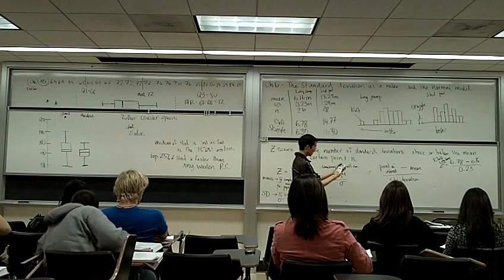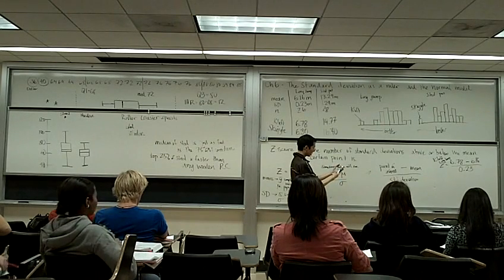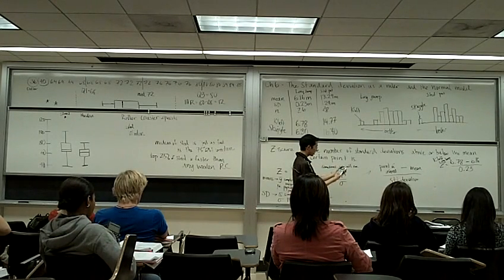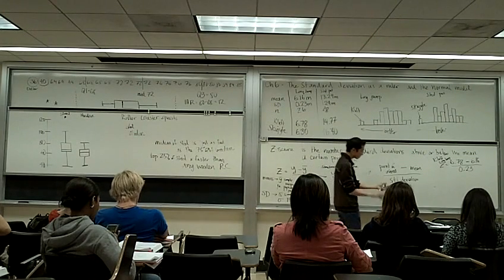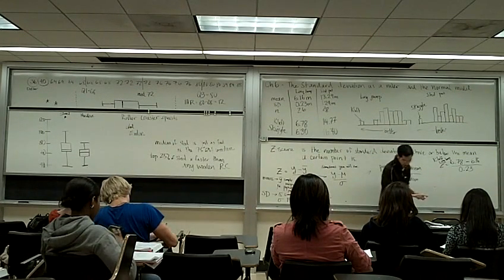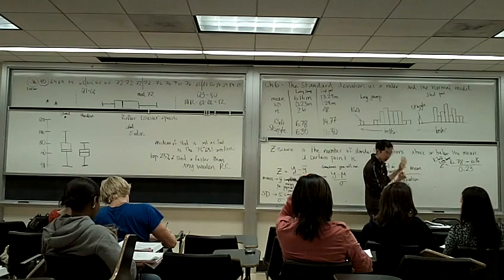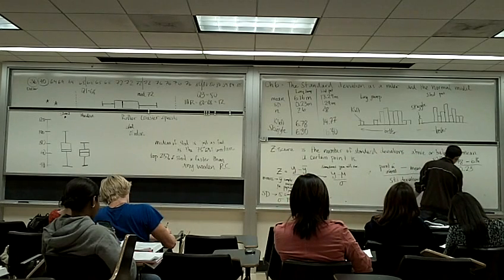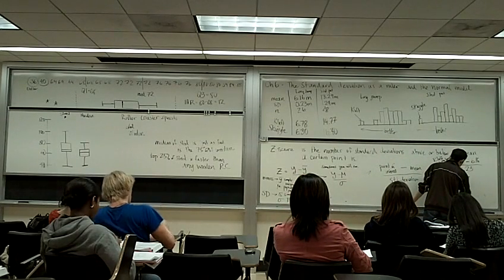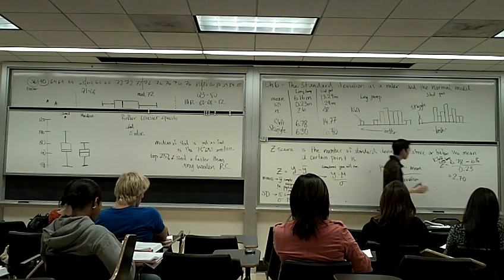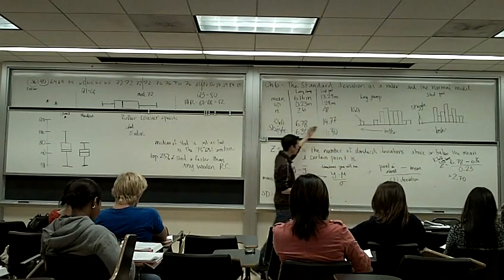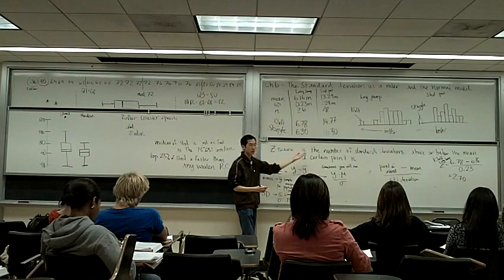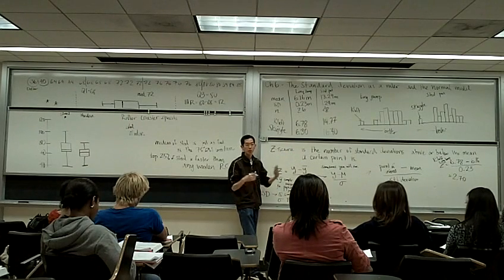6.78 minus 6.16 divided by 0.23, and I get 2.695. I'm just going to round off to 2.70. So Kluft's long jump was 2.70 standard deviations above the mean.